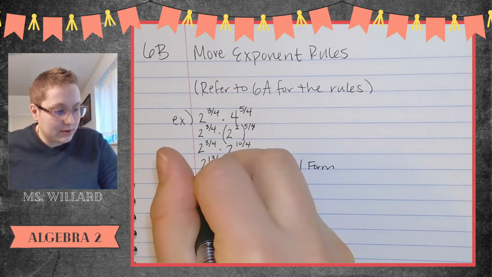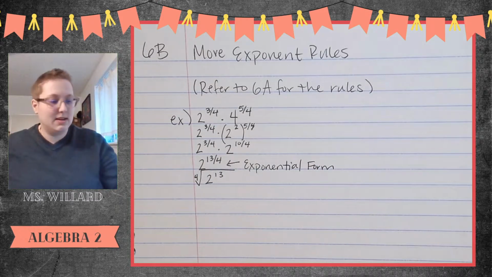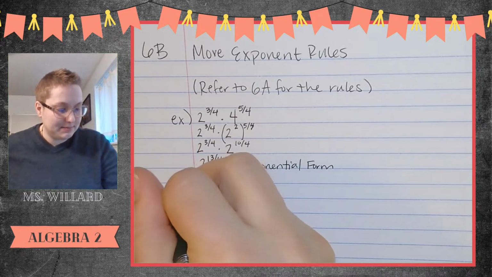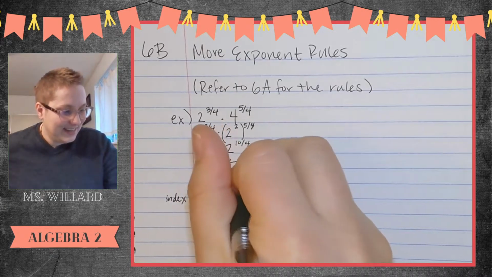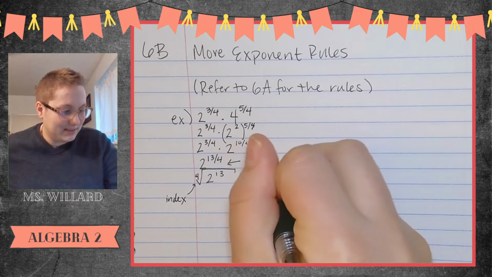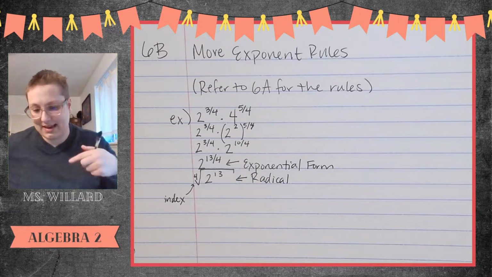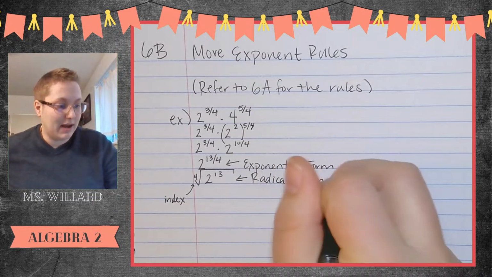Well, that's the fourth root of 2 to the 13th. So I took that 4 and put it in the little placeholder. This is right here. It's called the index. I don't think I told you this last year. I know I didn't have you last year. I just meant like, I didn't write that down on here last year. I probably should have. So that's the index of radical form.